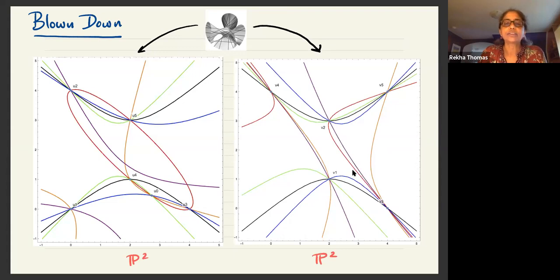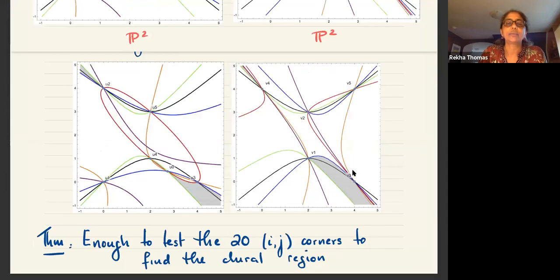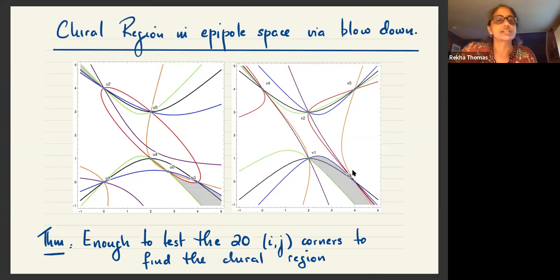Okay, so this is what happens in the blowdown. And once you have this blowdown, then we can actually see the chiral regions a little bit better. So remember, the chiral regions are up on the cubic surface, which is living in P3. But once you do the blowdown, you see that the semialgebraic regions upstairs, which were bounded by these lines or walls, are now bounded by conics.